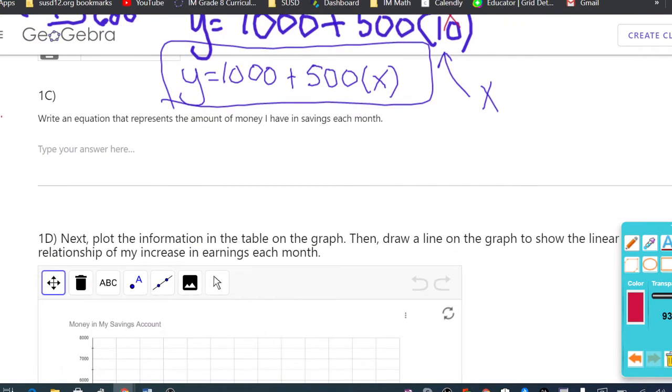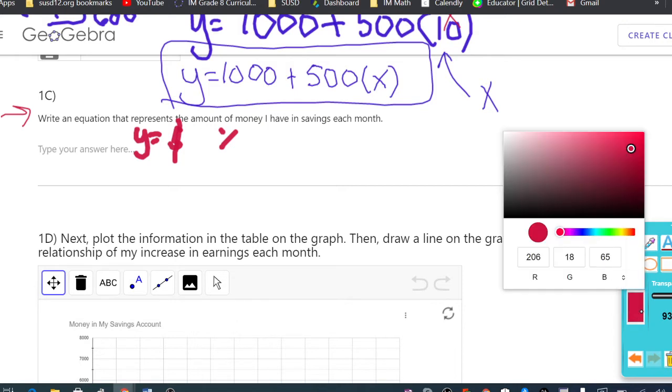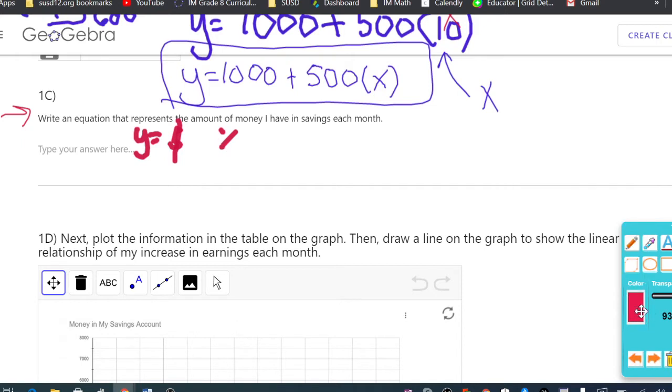Problem 1C says, write an equation that represents the amount of money I have in savings each month. Okay, so y equals the amount of money, x equals the month. My pen suddenly stopped working. Let me try this again. X equals the number of months that have gone by.